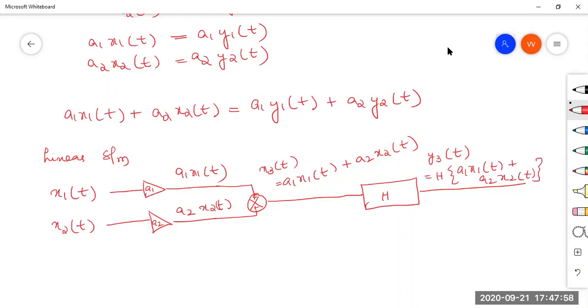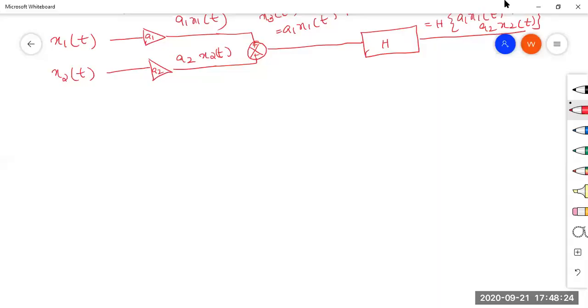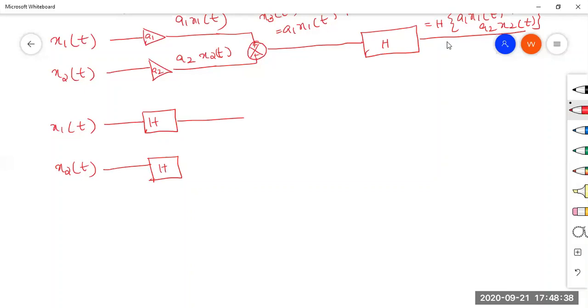Now the same way, you take two inputs x1 of t, x2 of t. First you pass the inputs through the system h. Now you get y1 of t and y2 of t.